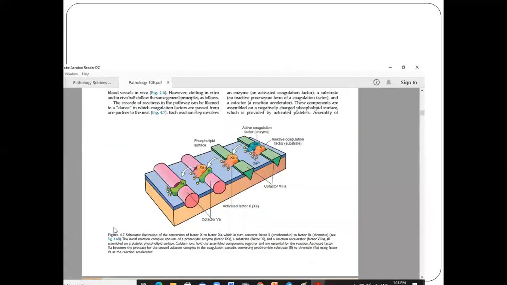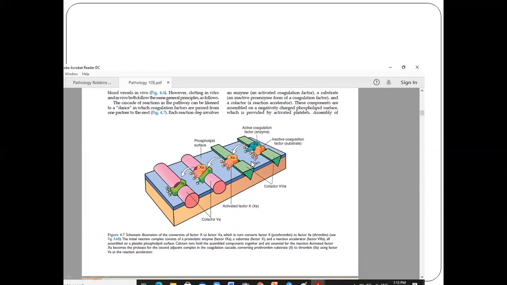You can see the schematic illustration of conversion of factor 10 into 10A, which in turn converts factor 2 into factor 2A, thrombin. The initial reaction complex consists of the proteolytic enzyme 9A, and a substrate, factor 10.